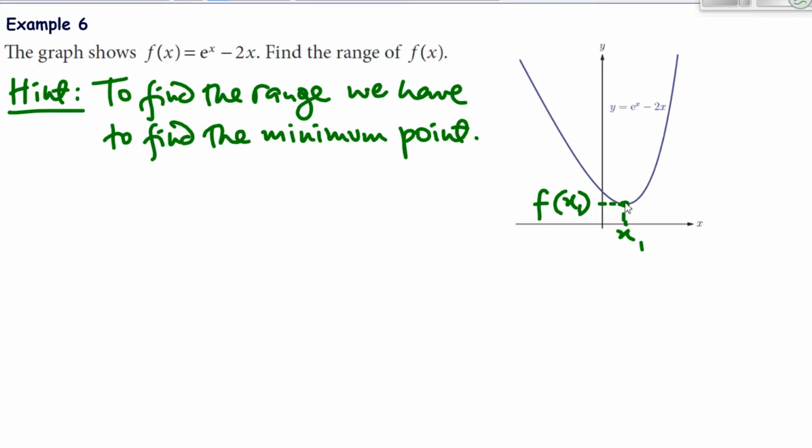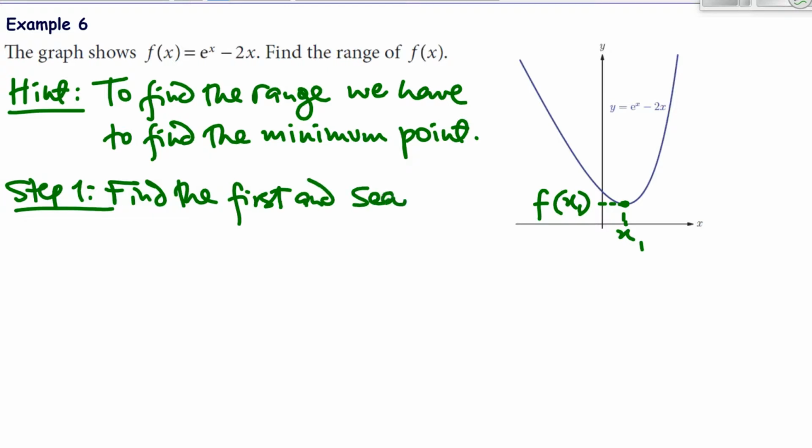Step one, we need to find the first and second derivative.